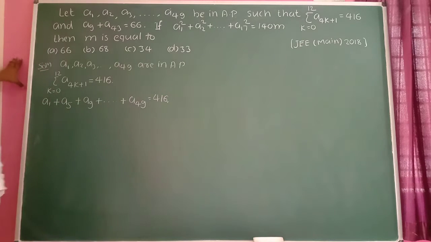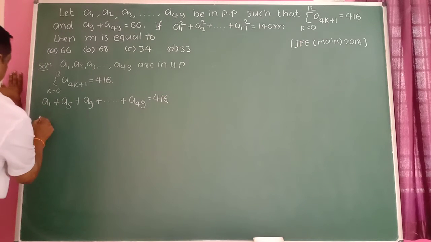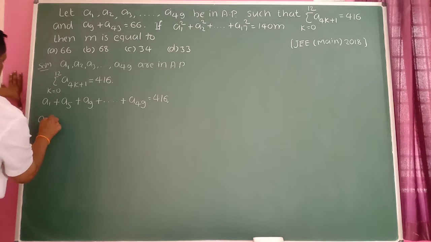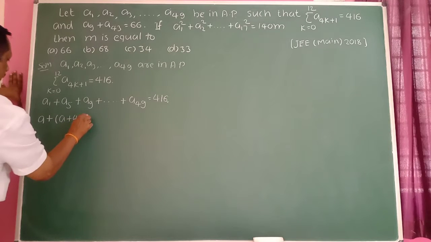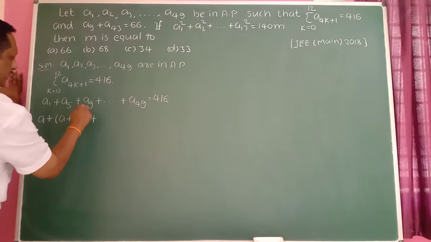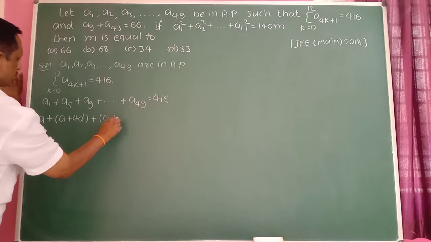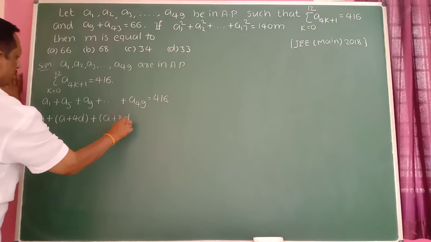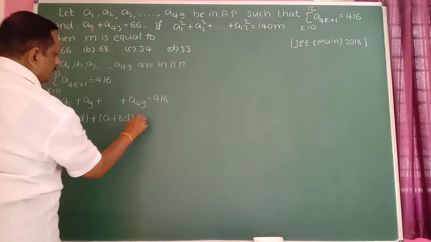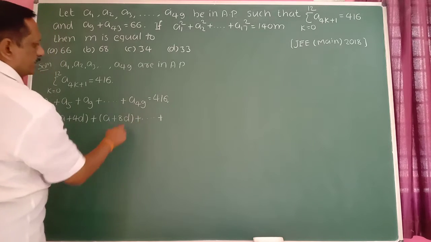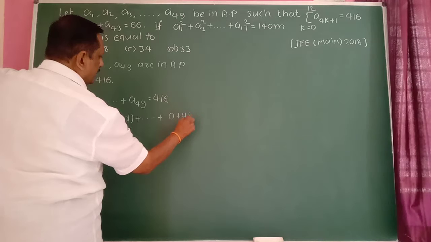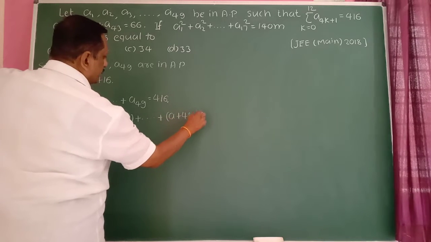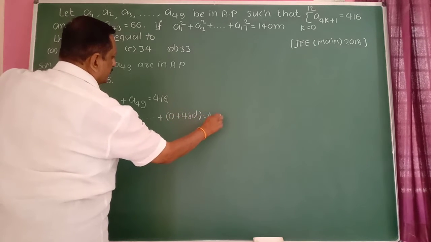416. Then A1 is A, A5 is A plus 4D, then plus A9, you write A plus 8D, and so on, plus A49, so A plus 48D, that is equal to 416.